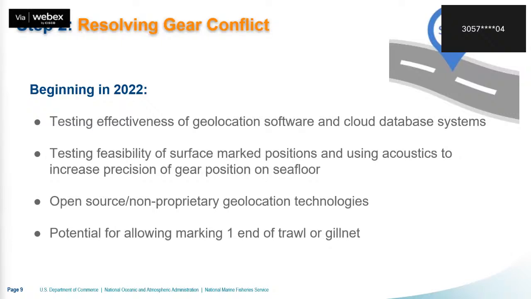In the meantime, we've already heard the take reduction team just last month kick around ideas of having one end ropeless, one end buoyed as a way to reduce vertical lines overall and meet risk reduction targets. So there are clearly interim measures that can be used and deployed in the fisheries today, that can help work towards refining both the on-demand gear and the geolocation solutions that are currently being developed.